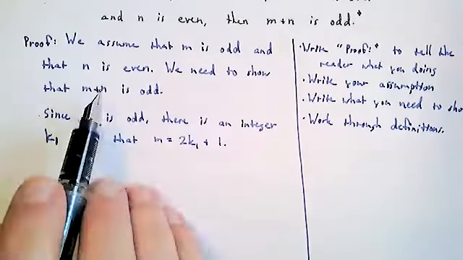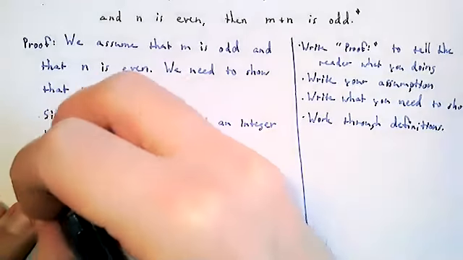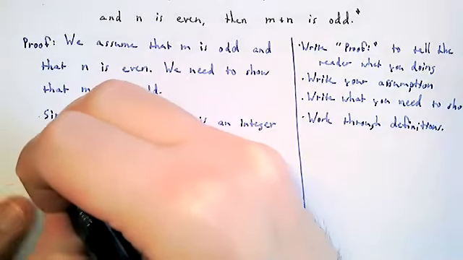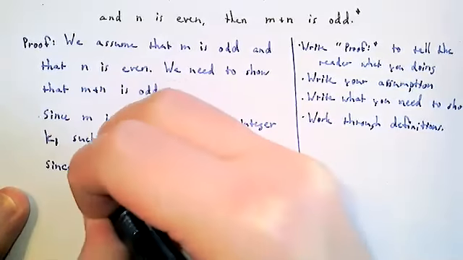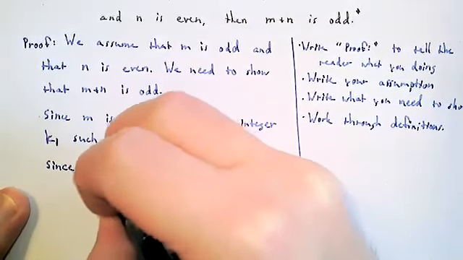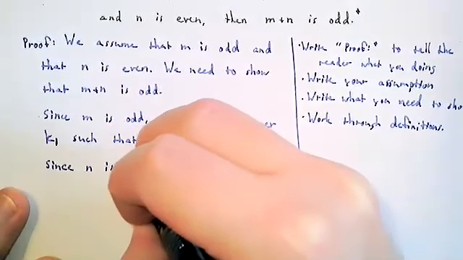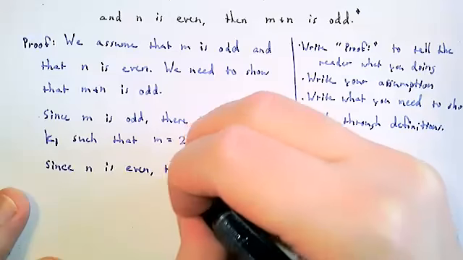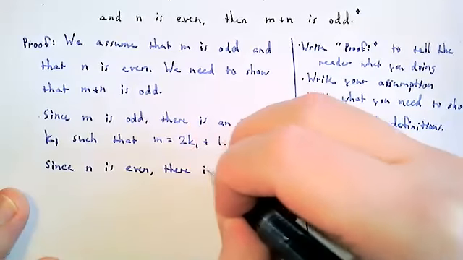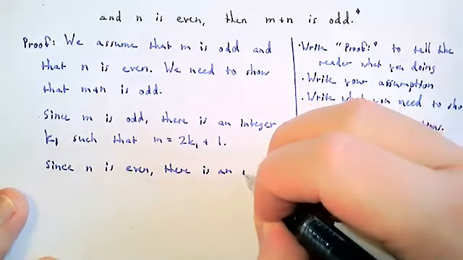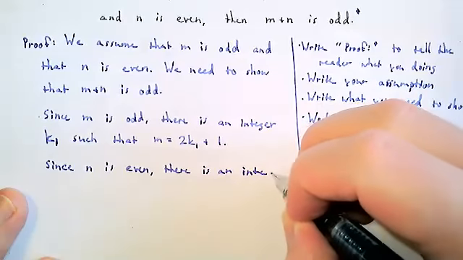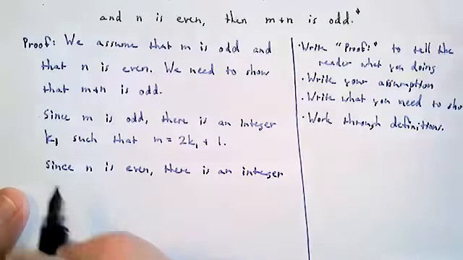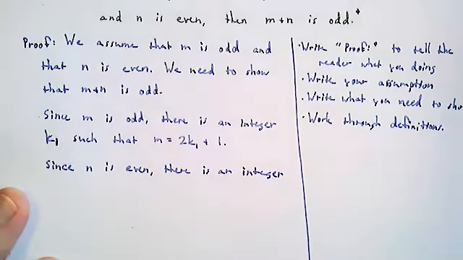We also know that n is even. Let's write that out. Since n is even, you can flip back to the definition. It says there is an integer, and this integer is probably different than the one for m. It's probably different than k1.